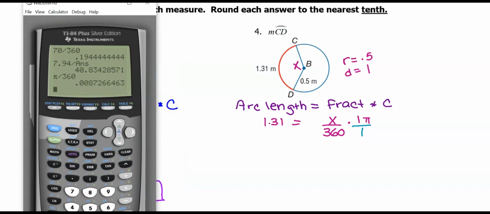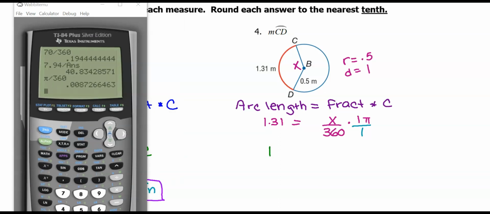So this one's going to come to be 1.31 on the left. And then here it was the decimal 0.087266. Try not to use too few of the decimals. And then that was times x because we had x on top. That way I can say divide by this decimal now, 0.087266 on both sides.